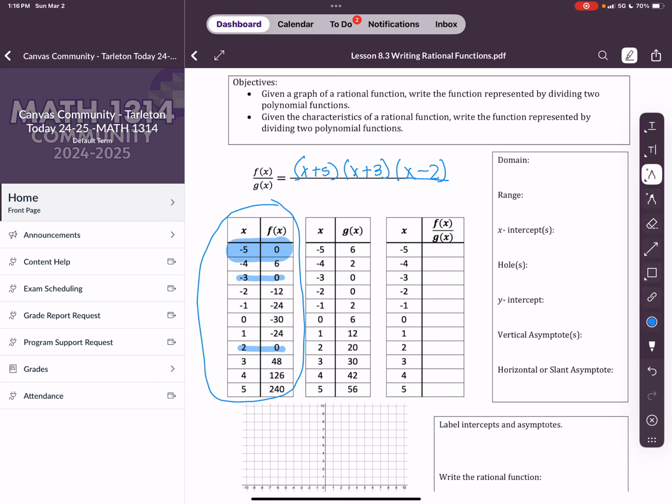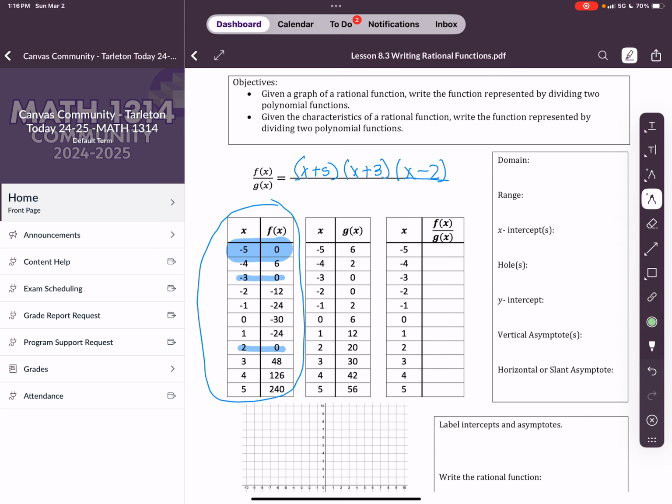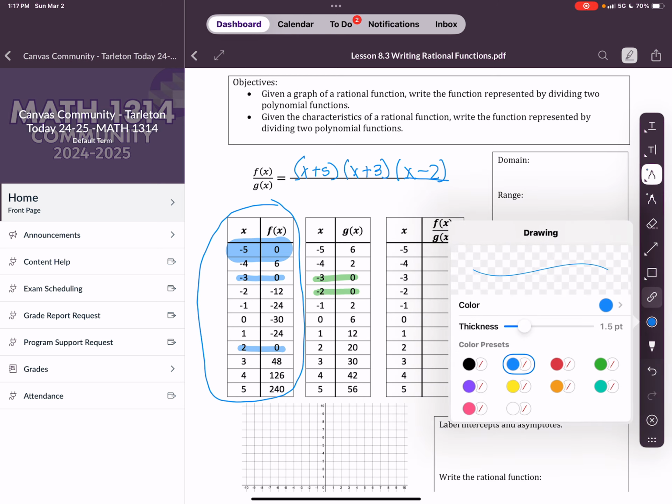So then we need to move on to find our g of x equation, okay? And so, again, the same way, in order to do that, we're going to see, well, where do we have our x-intercepts in this graph? So we know that we have our x-intercepts at -3 and at -2. And so the way we're going to write that, I'm trying to color code so you can keep it all straight.